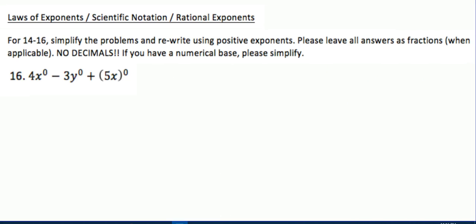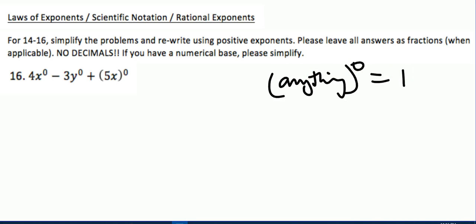Number 16. Oh, these are fun. Okay. Remember I said anything to the 0 power equals 1. And this does sound like a trick, and all I mean by it is anything in the parentheses to a 0 power is 1. Or you can have a number to the 0 power equals 1.